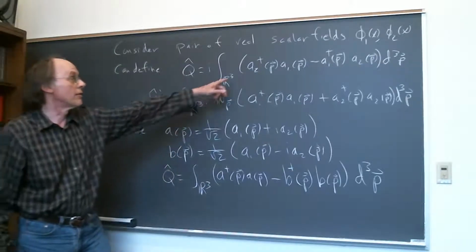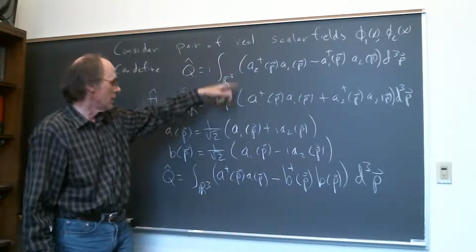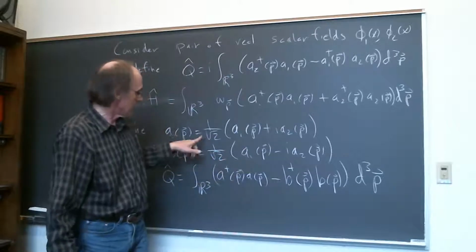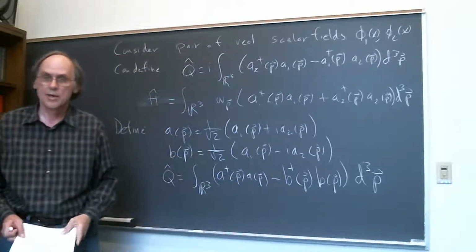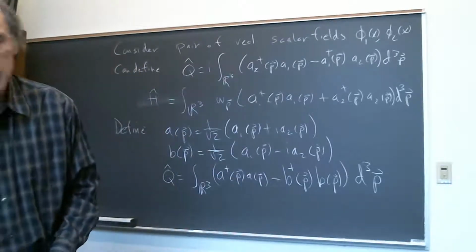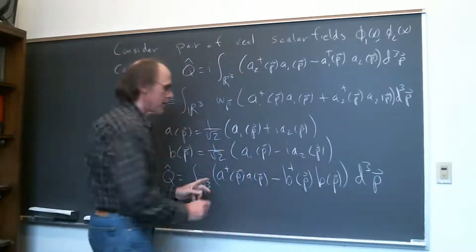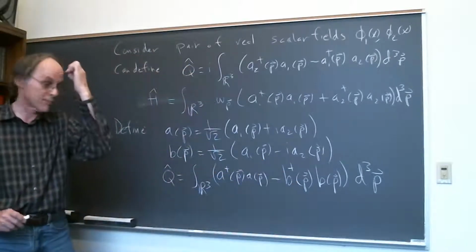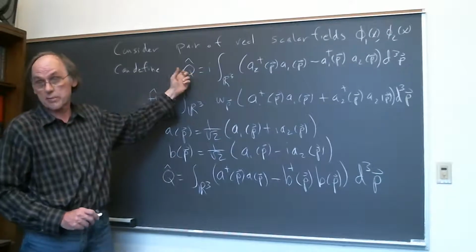If we write this thing in terms of these variables, you get this. So this now is something that makes a lot more sense. Now we've separated out the degrees of freedom in a way that makes more sense for this observable.